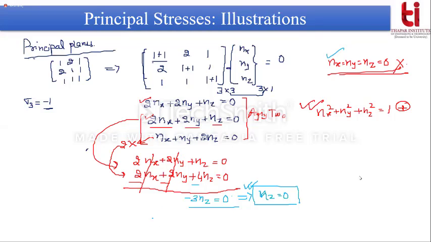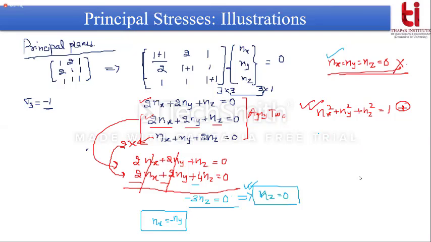Then you will get that nx is equal to ny, or nx is equal to minus of ny. We will get nx is equal to minus of ny, because we get 5nx plus 5ny equal to 0. That means nx is equal to minus of ny.